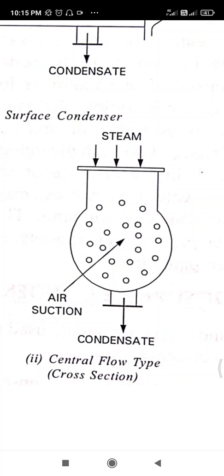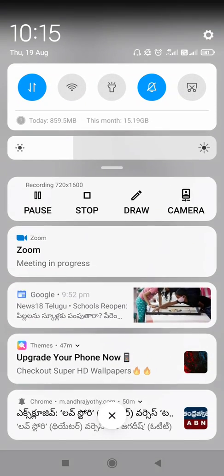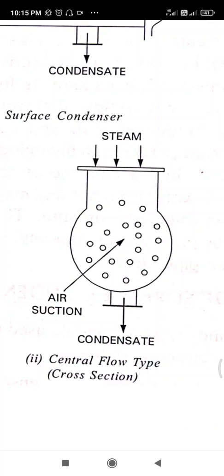In this case, the air extraction pump is placed at the center and the condensate pump is situated at the bottom. The steam enters at the top and moves radially inward. The condensate then leaves at the bottom where the condensate pump is located. In the central flow surface condenser, the whole periphery of the tubes is used, which provides better cooling area.